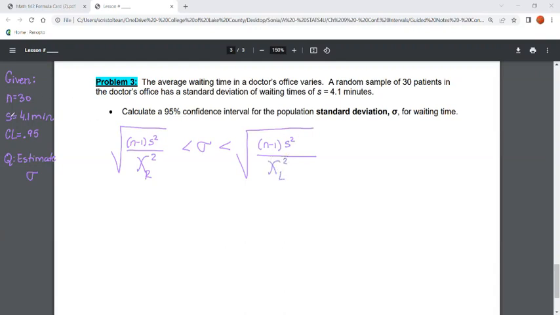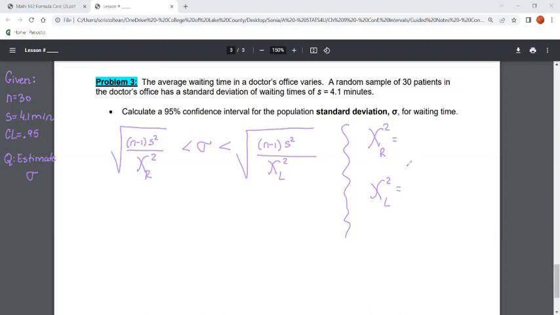I have n, I have s, I have the confidence level. So all you need is to find the chi squared to the right and chi squared to the left. That's why this was the first exercise in the video, and we did practice on 2 problems. So make sure you know how to find these values.